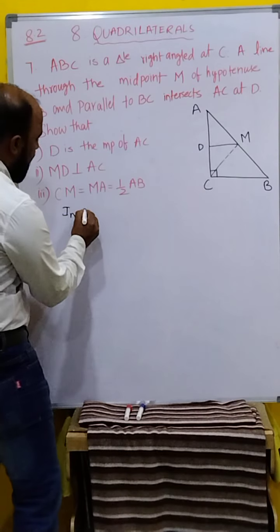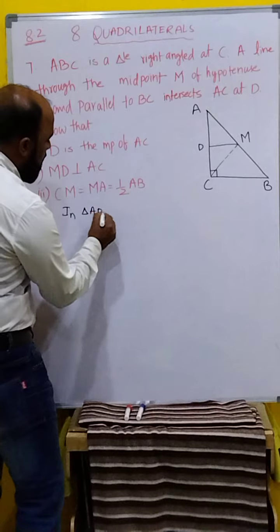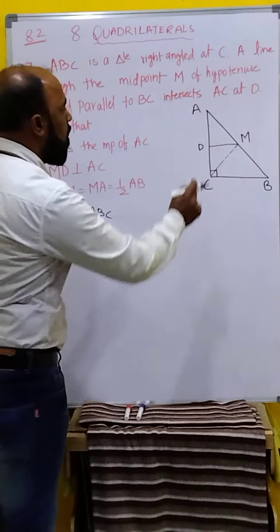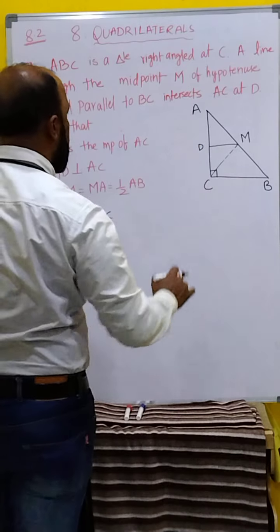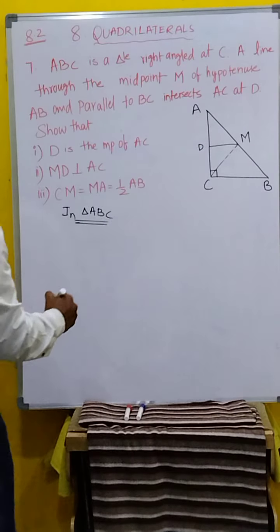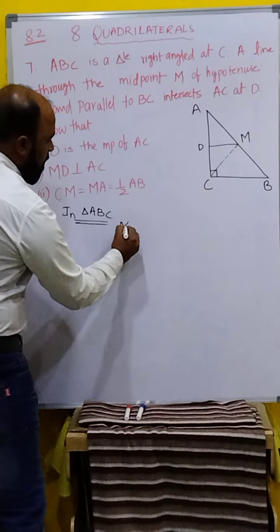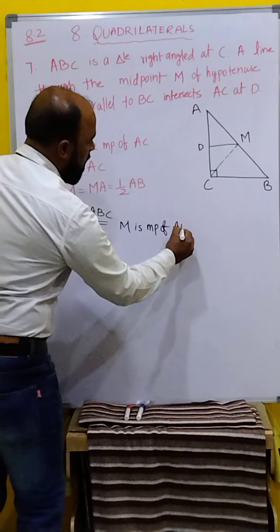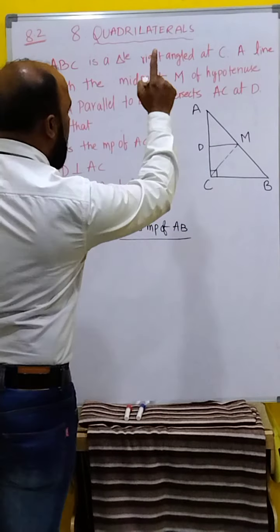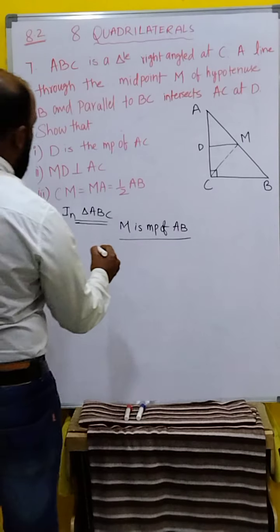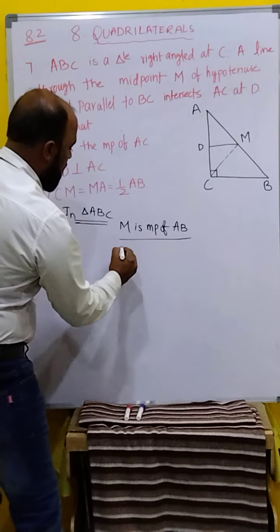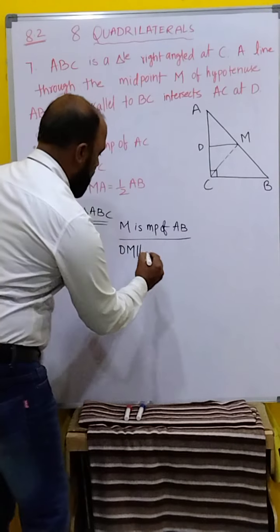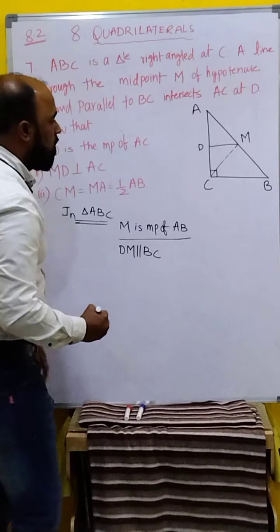In triangle ABC, M is the midpoint of AB, already given. Now what do we have to prove? D is the midpoint of AC. That we have to prove. Also given is DM parallel to BC.